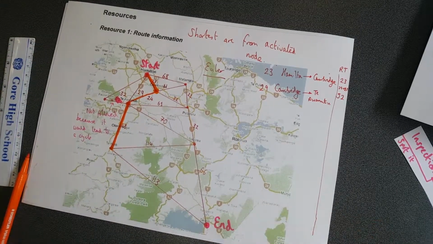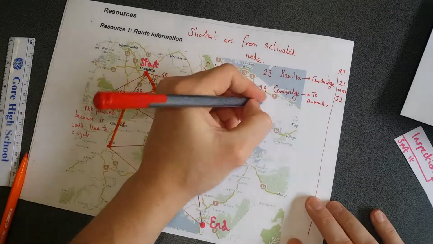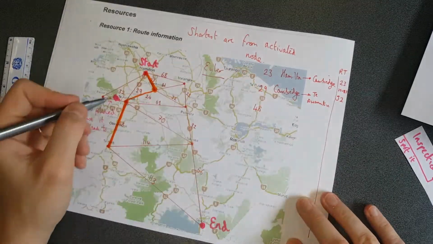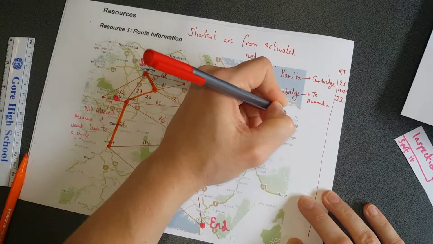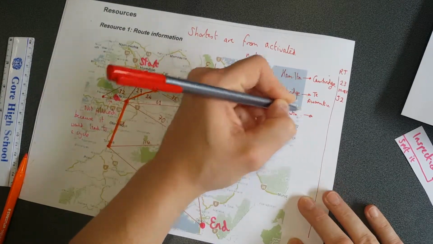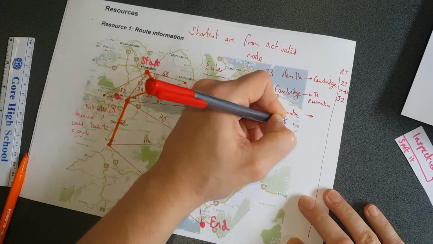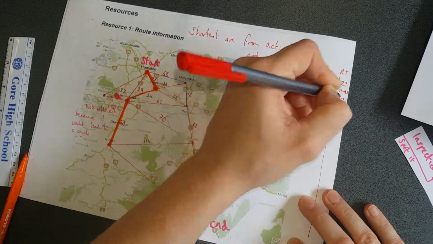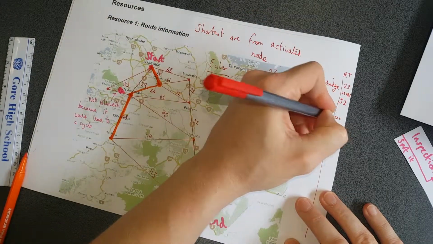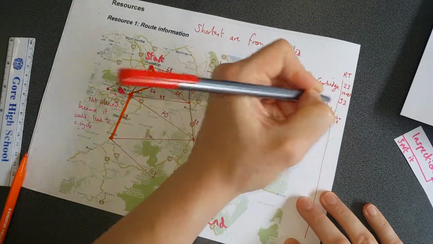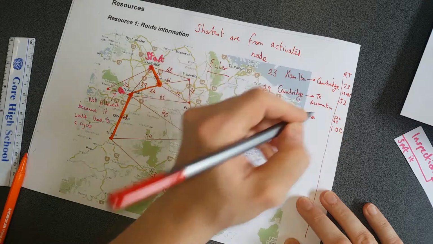So that would be 48. And so I would do 52 plus 48, which gives us a nice round 100.